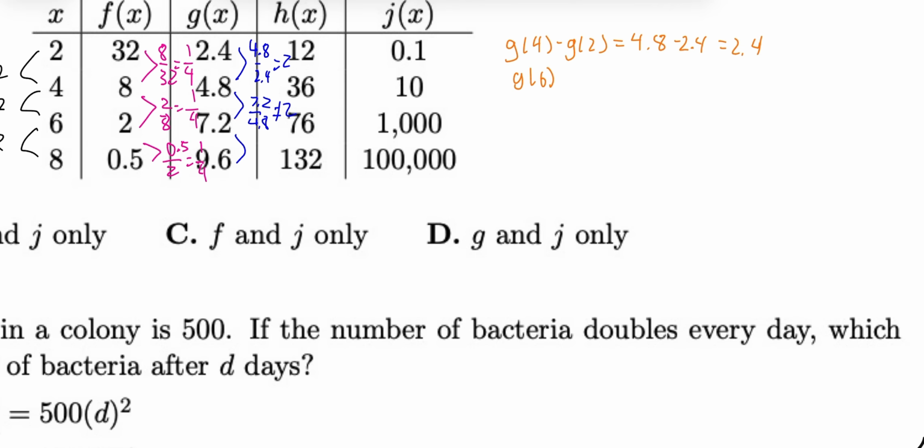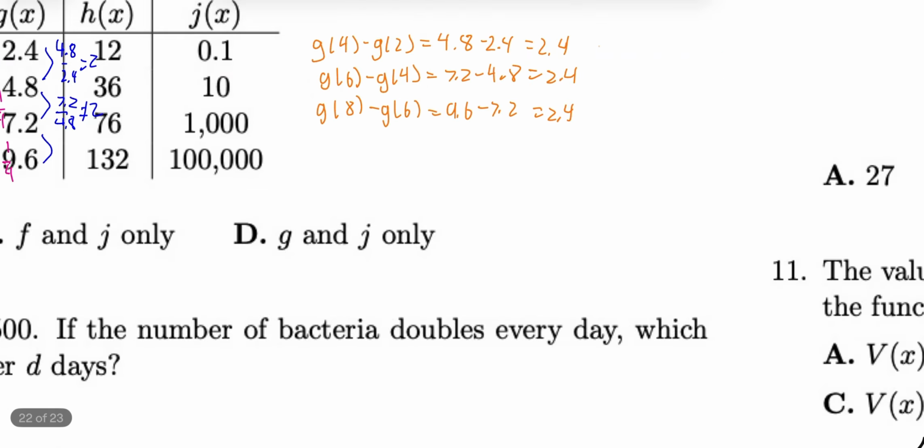Now g of 6 minus g of 4 is equal to 7.2 minus 4.8, which is 2.4. If you have g of 8 minus g of 6, that's 9.6 minus 7.2, which is equal to 2.4. So that means that the differences are equal, which means that we are going to have a linear function for g.